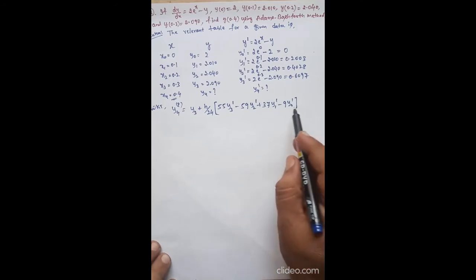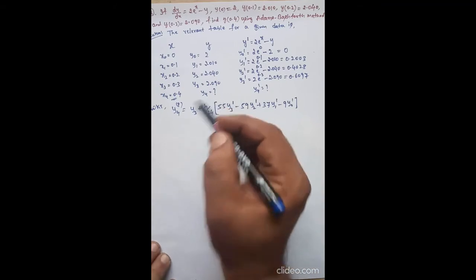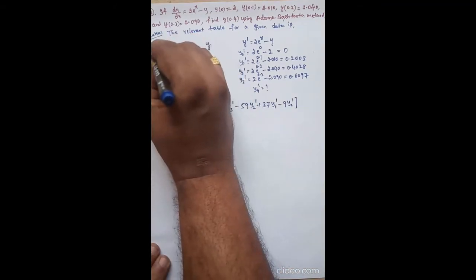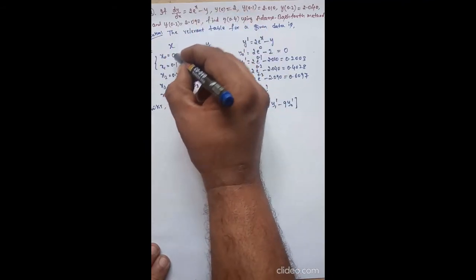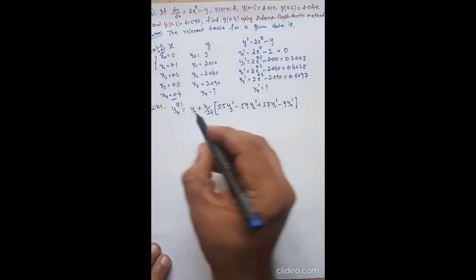So you know the values of this y0 dash, y1 dash, y2 dash, y3 dash and h. And what is h here? Subtract here. H is nothing but difference of these two, 0.1 minus 0. So it gives 0.1. Substitute now.